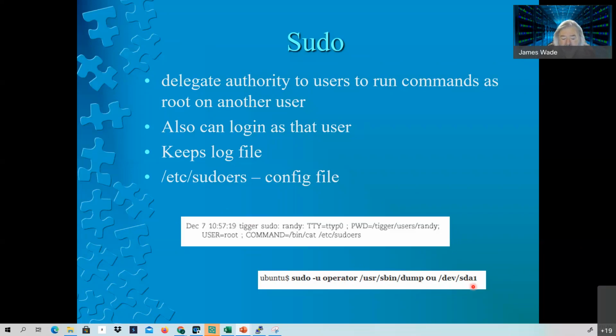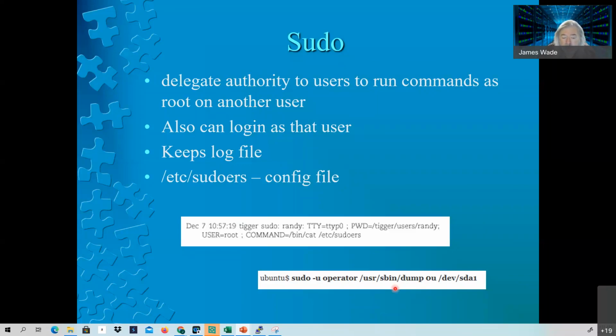This is sda1. But this is basically allowing me to run this as user operator. We mostly use this to run as root, so that I could do sudo /usr/sbin/dump and it would run it as root. This is where sometimes as well, you might say, hey, I need to run something as root.